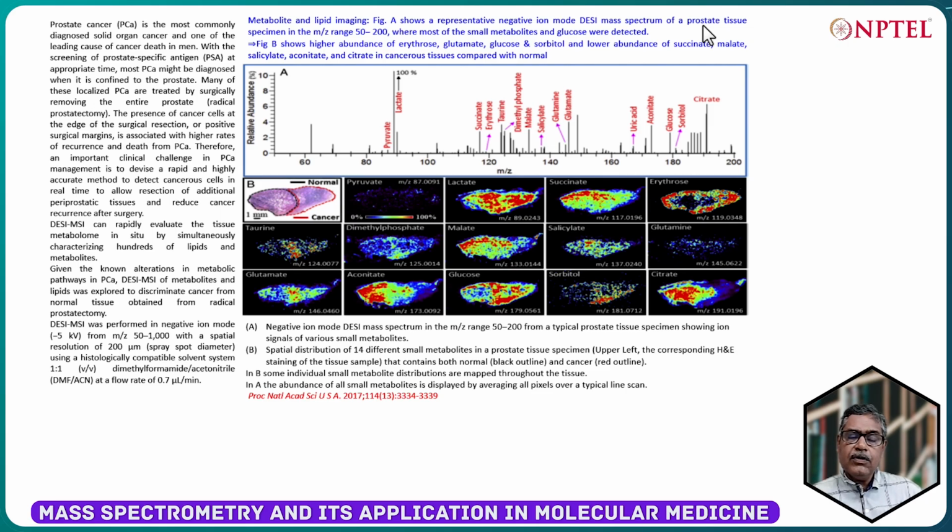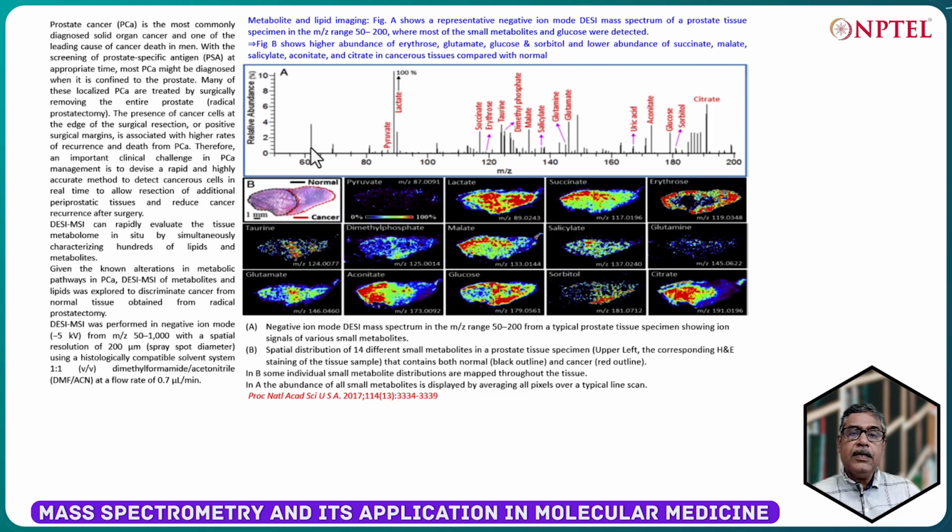For metabolites, 50 to 200 is where most small metabolites and glucose are detected. This is basically an ESI mass spectrum, though we got it from a DESI platform.